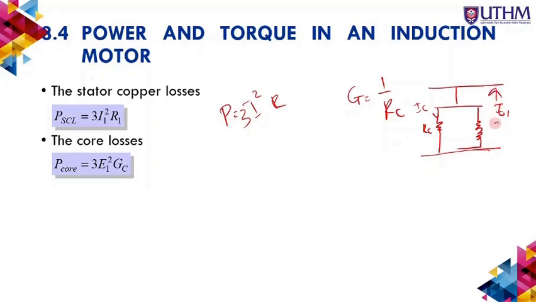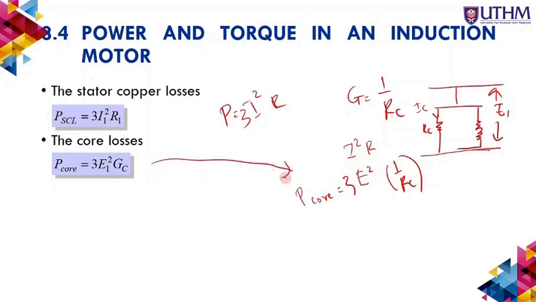So when this is E1, so dia tak gunalah I square R. So dia gunakan E square 1 over RC lah macam tu. Okay, so bila ada 3, so dia darab dengan 3. Okay, so ni untuk yang ni lah. So GC tu jangan pening lah kat situ.